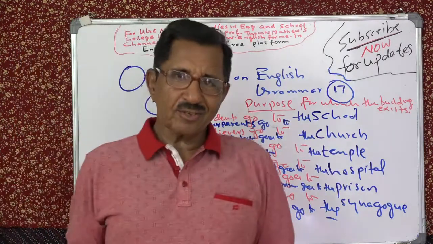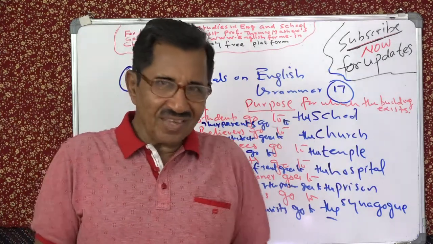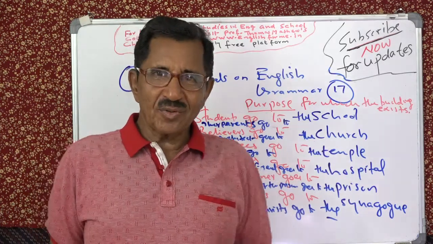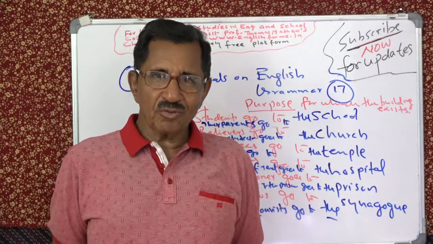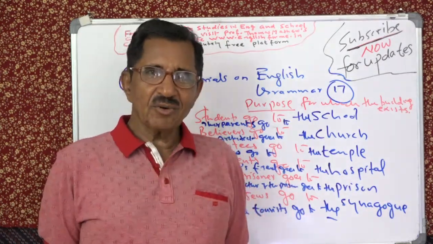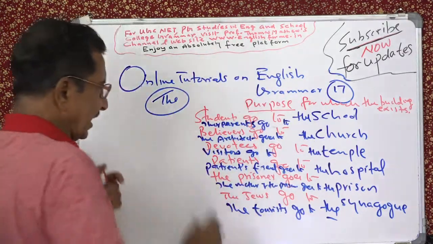Parents don't go to the school for studying or taking down notes on behalf of the children. No. So you can see, go to school, go to the school. When do you say go to the school? When it is only the building. When do you say go to school? That is for the purpose. I think now that is clear.